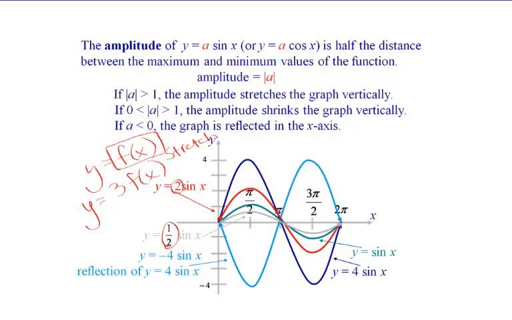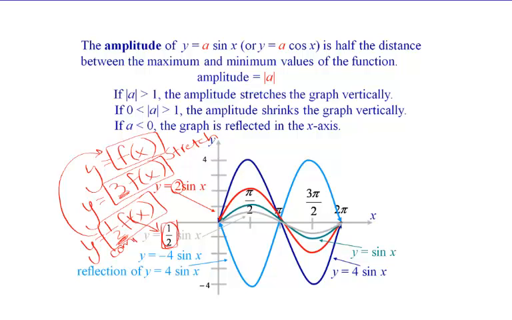This function, whatever its outputs are, is going to have outputs everywhere that are 3 times bigger. If we had, in general, this function, it is going to have outputs everywhere that are half as big as the parent function. That's why this looks like a compress or a shrinking.